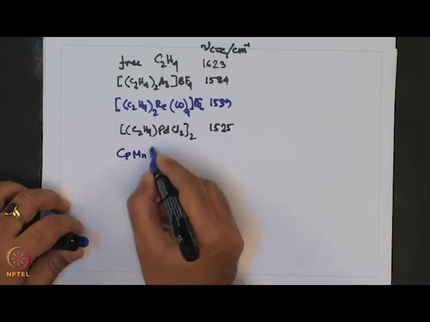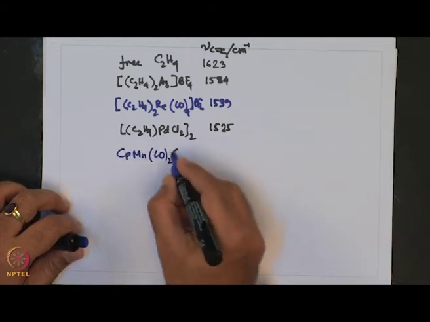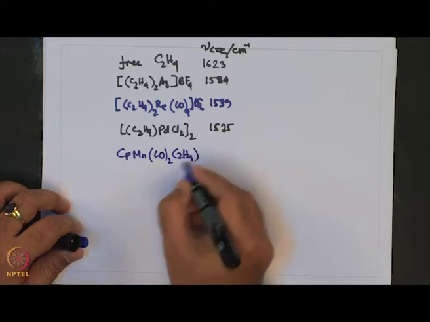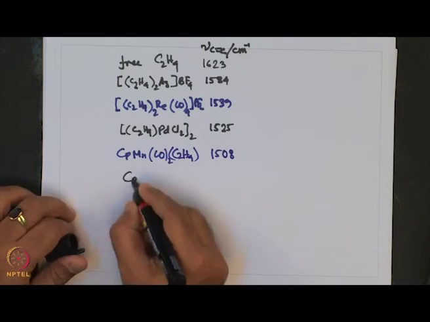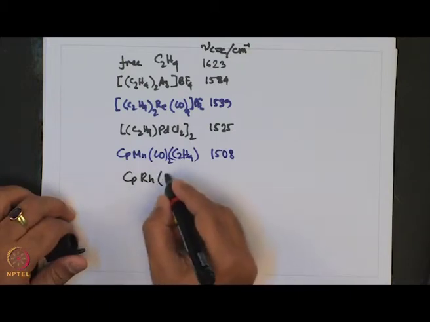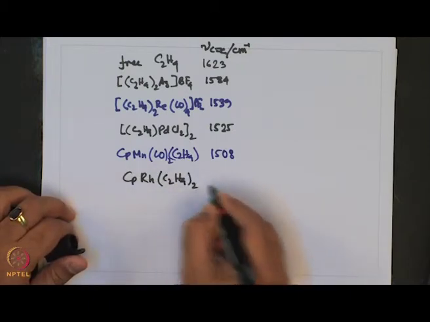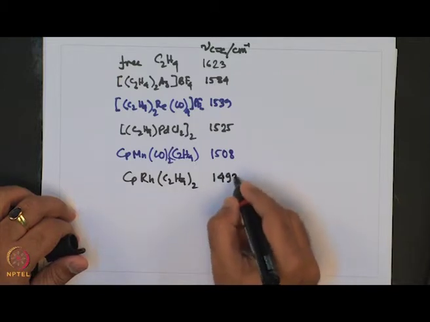Cp Mn(CO)2 C2H4 is 1508, and Cp Rh (C2H4)2 is 1493.